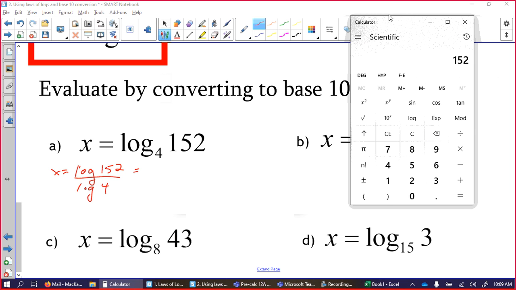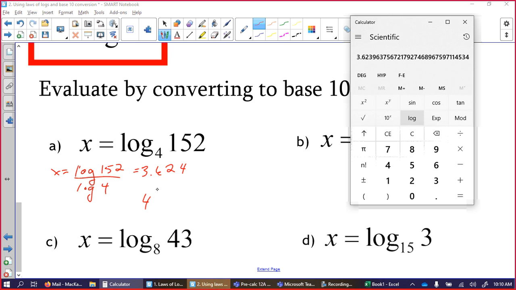There's a keyboard shortcut to all of the functions on that calculator. I just don't know what the log one is. Log 152 divided by 4 log equals 3.624.